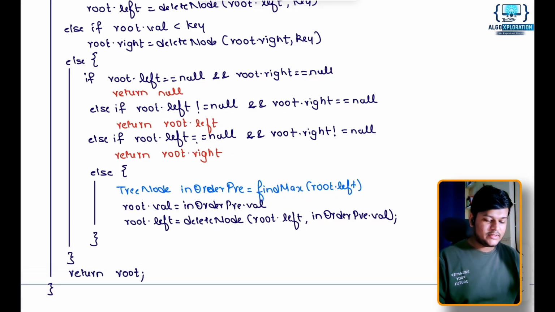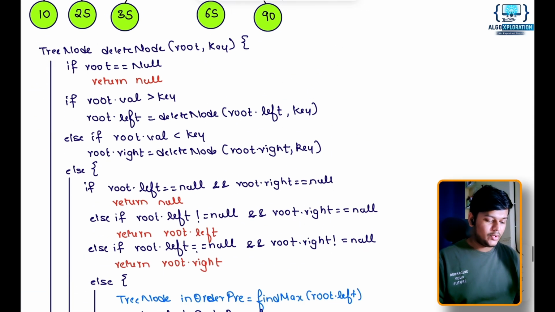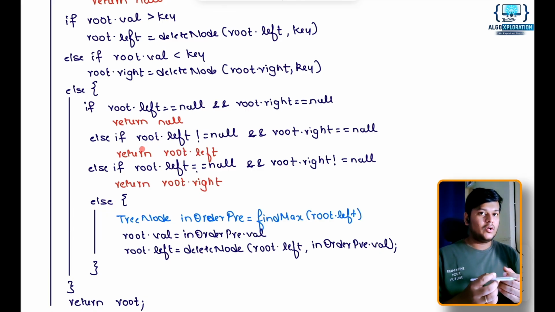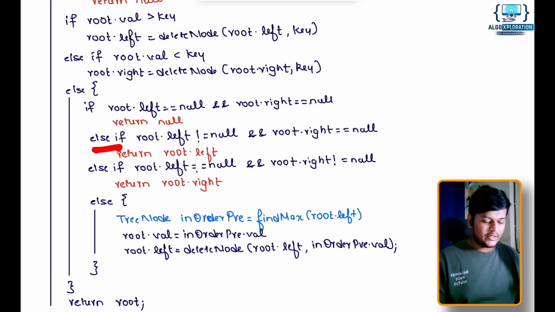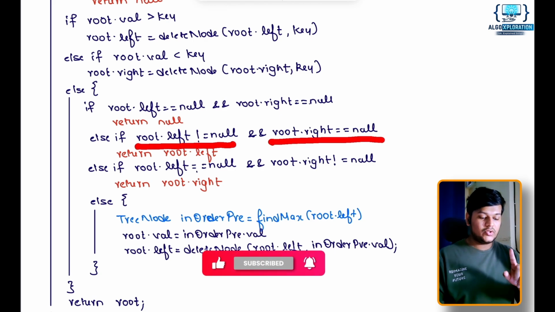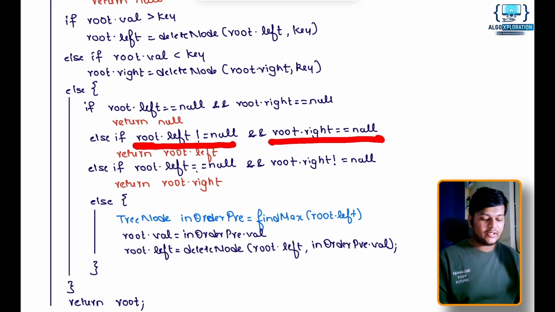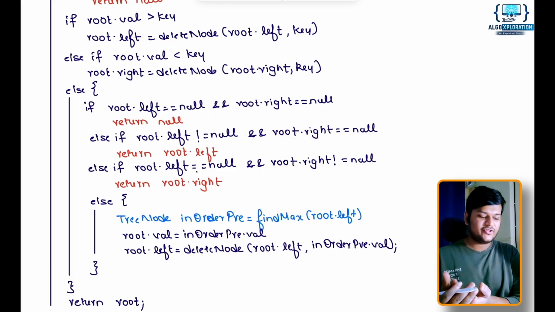Now the second case. Remember that I have told about the one which is having one child. So I need to check whether the child is the left node or the right node. So else if root.left is not null and root.right is null, that means the node is having a left child.